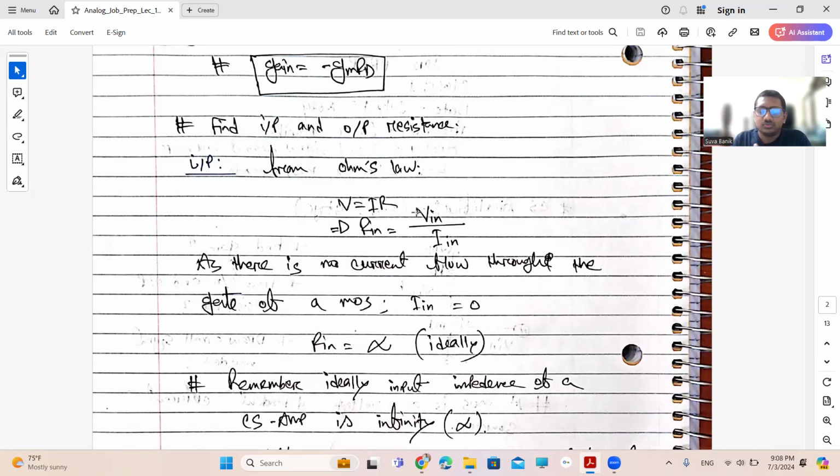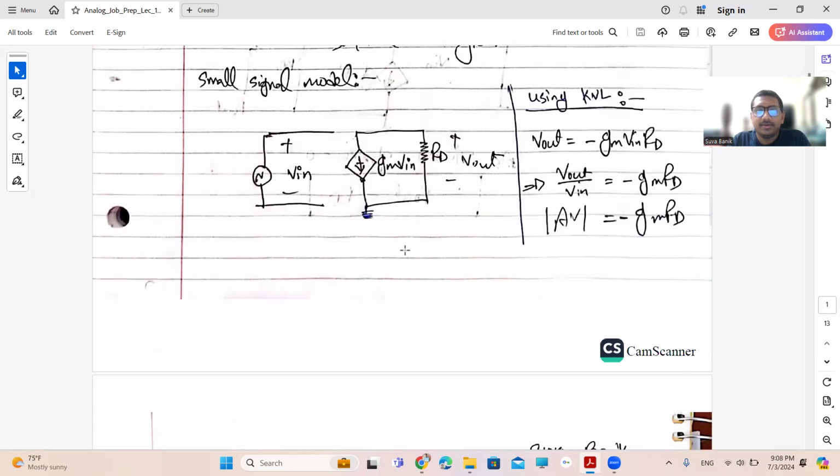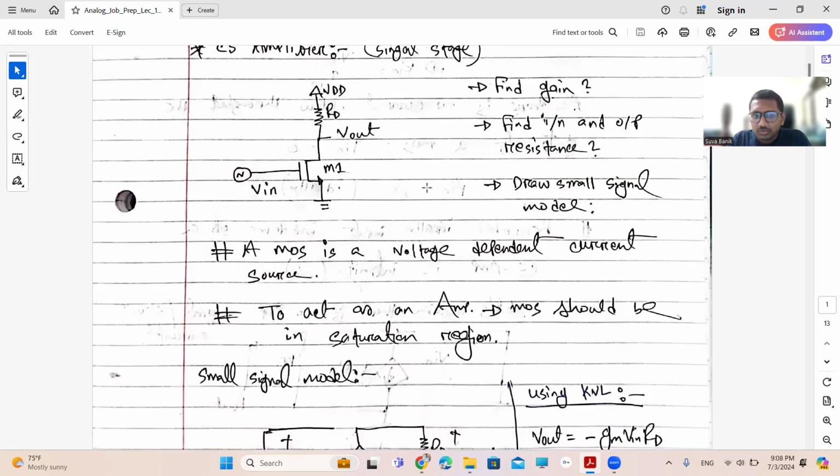And in this case also, as there is no current flow in its gate terminal, the input resistance of a common source amplifier, ideally, is infinite. If you want to see the practical value, you can simply draw this circuit in Cadence or any simulator and run the DC analysis.